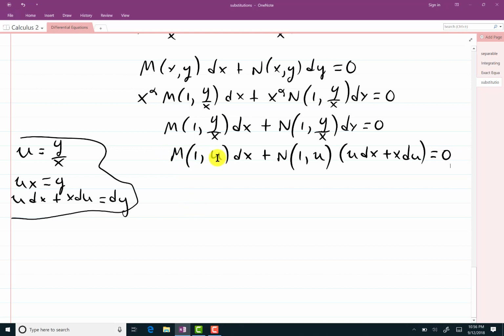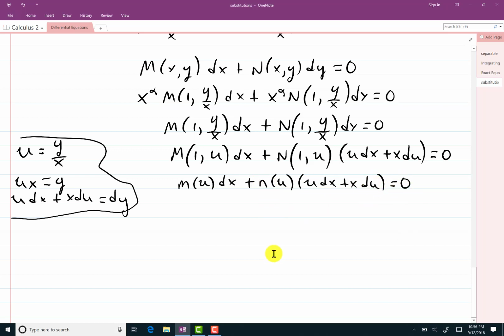For m, the only variable in there is u, and for n, the only variable in there is u. So I can think of this first thing as just a function of u times dx, and a function of u times u dx plus x du equals 0.